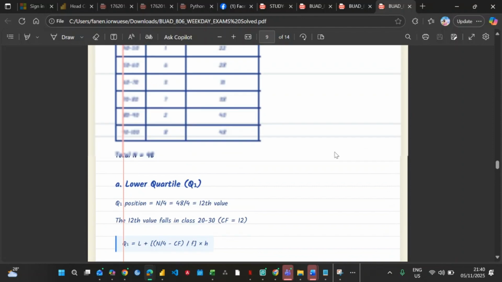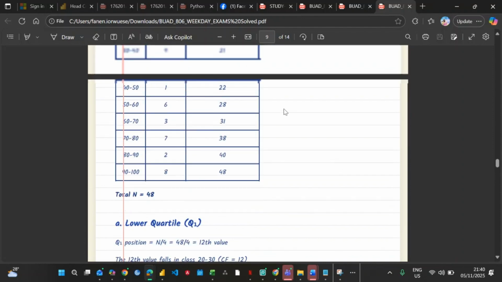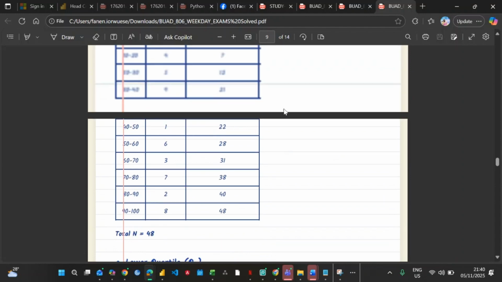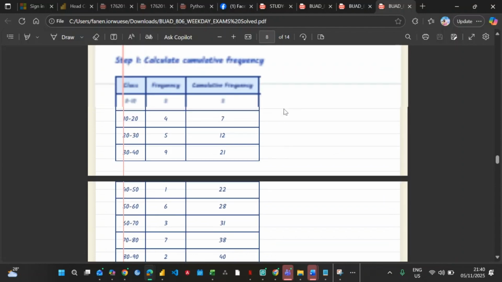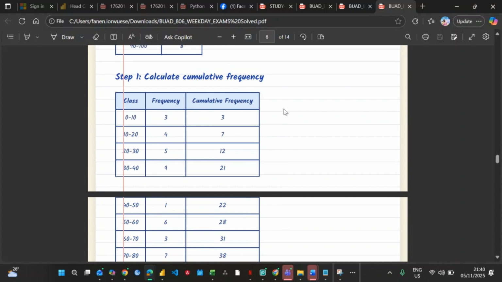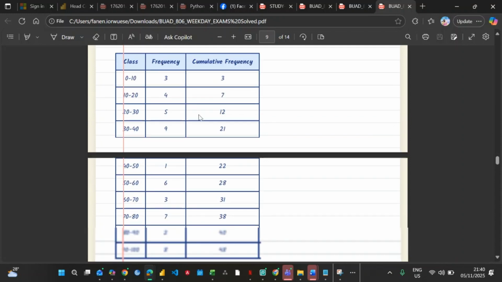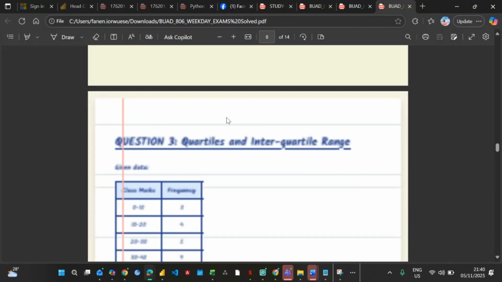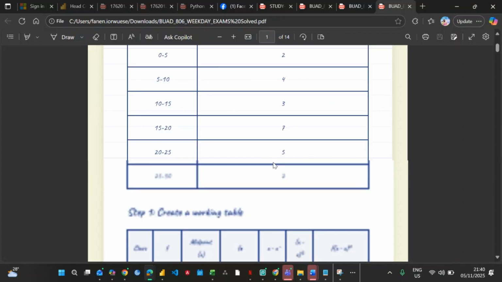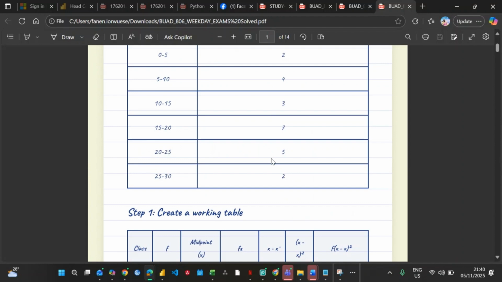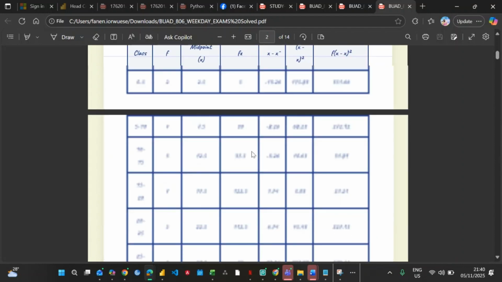When you are counting, you see where it falls in between, then you choose it. So the cumulative 12 falls in between this, then you pick that value.